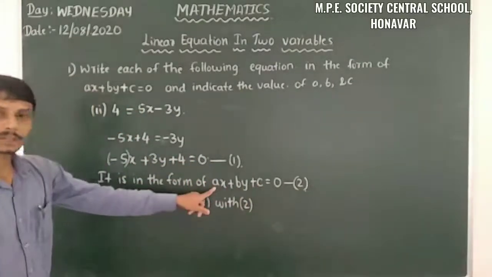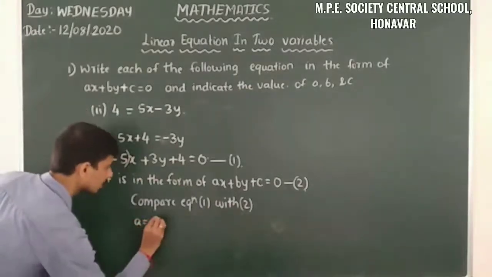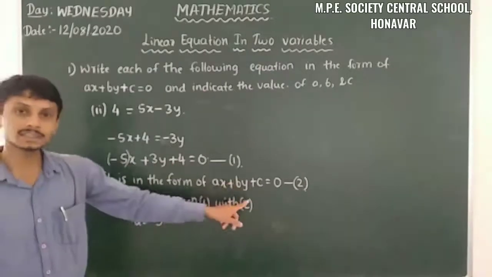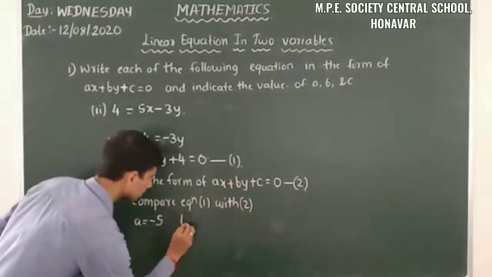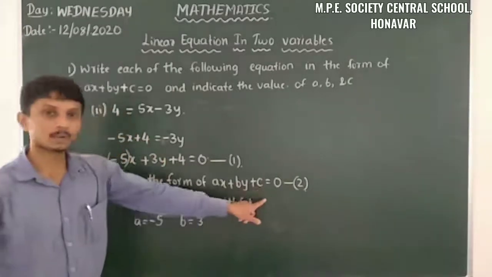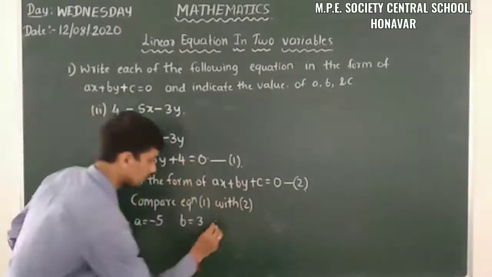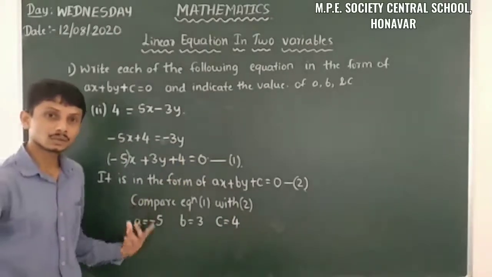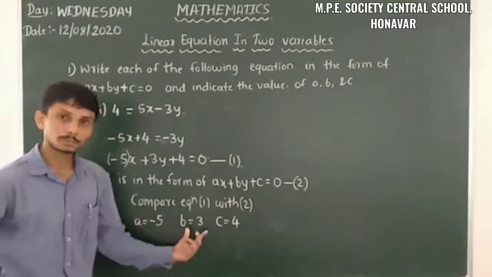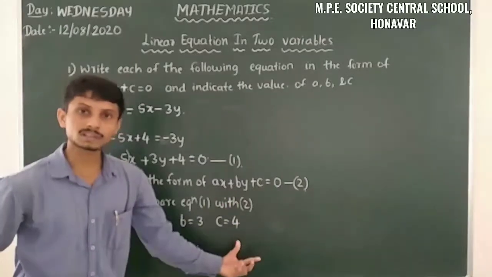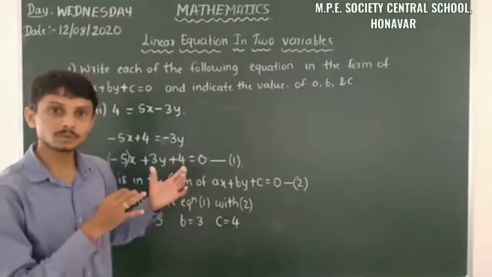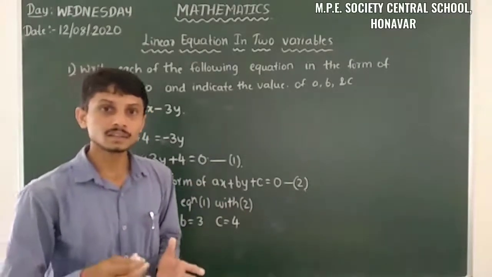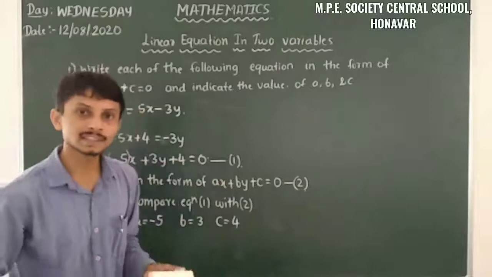That means a is equal to minus 5, b is equal to 3, and the constant term c is equal to 4. Yes. So these are the coefficient of x, coefficient of y and constant term respectively. We have to find them in this way. Then we have to move into the next problem.